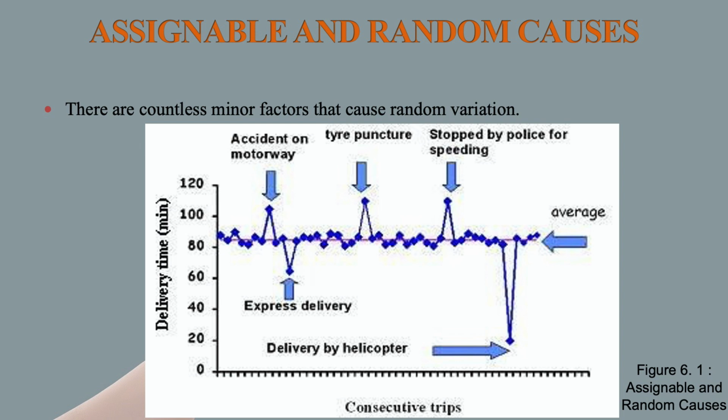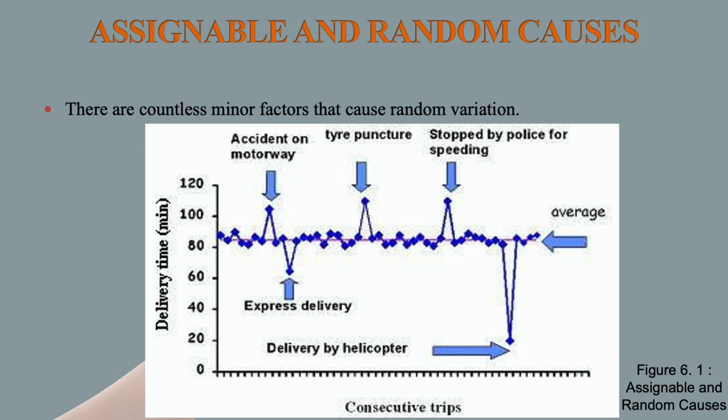Now you see this graph and see that there is an average time mentioned, but sometimes the delivery is taking very less time, like delivery by helicopter. And nowadays you might have seen that the deliveries of products and services to the customers are being provided in a different way so that the delivery time will be less.